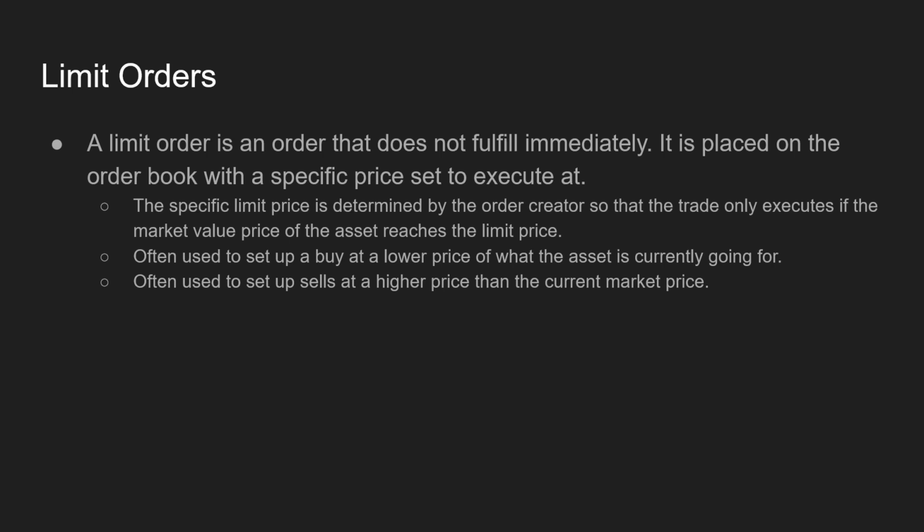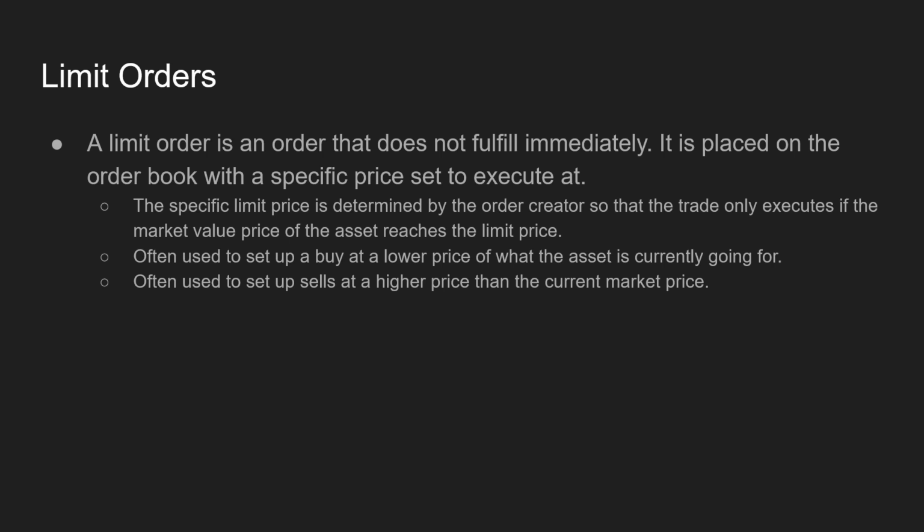You can set up a limit order saying that, hey, I'm willing to purchase this much of a Bitcoin, let's say maybe a whole Bitcoin, half a Bitcoin, and you want to purchase it at $37,000. The order will be placed in the exchange, and it will not execute until the market price meets your limit order.